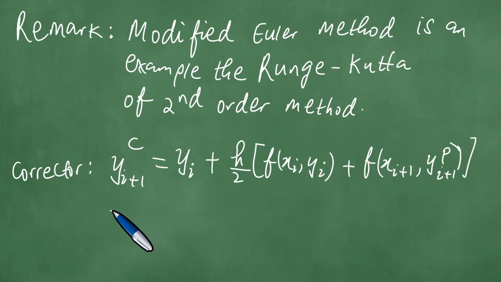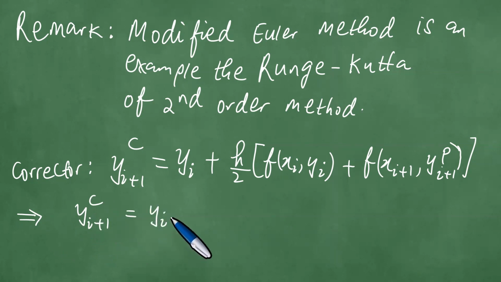But now we can decide to write the corrector differently. We can say y_{i+1} is the same as y_i plus (k1 plus k2) over 2. The notion of the k's is what we study when we use the Runge-Kutta.